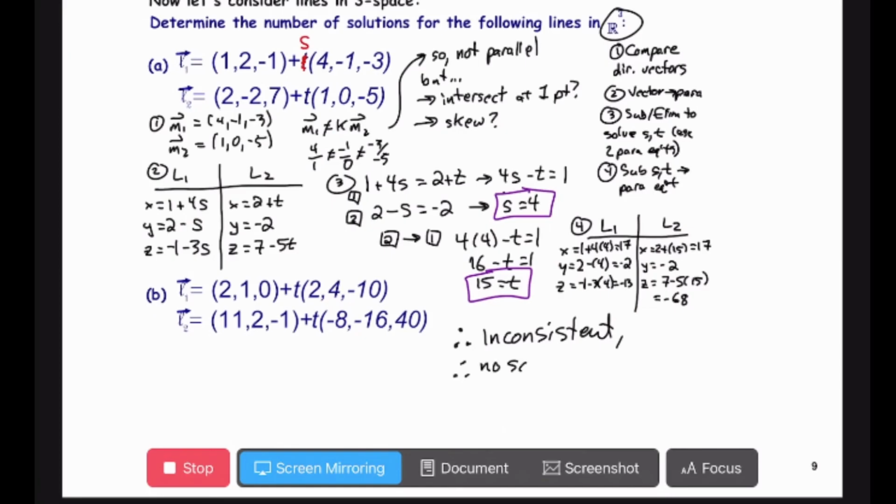Therefore, no solutions, no intersection between L1 and L2. And I'm going to leave it at that. I'm not going to answer B. If you like, you can pause here and work through that on your own as a separate exercise for yourself.